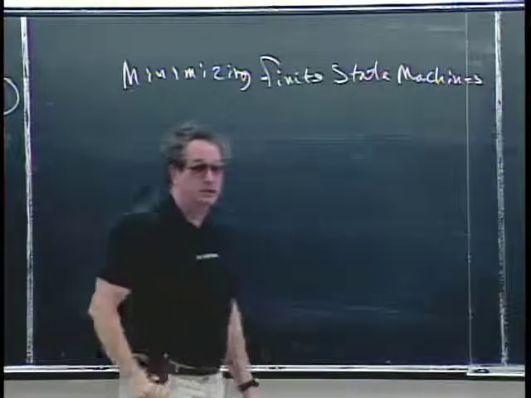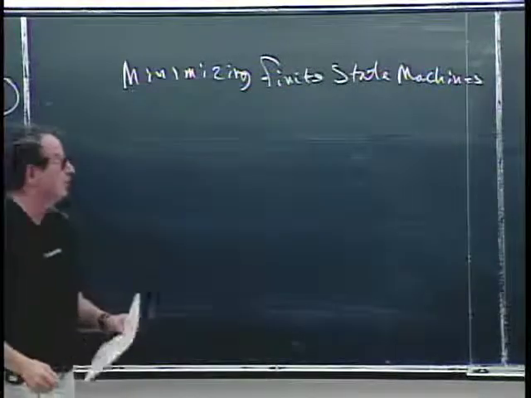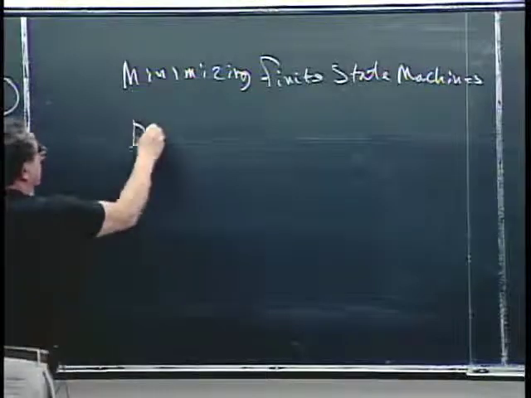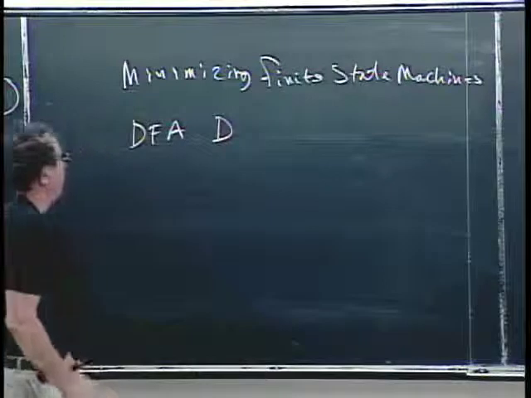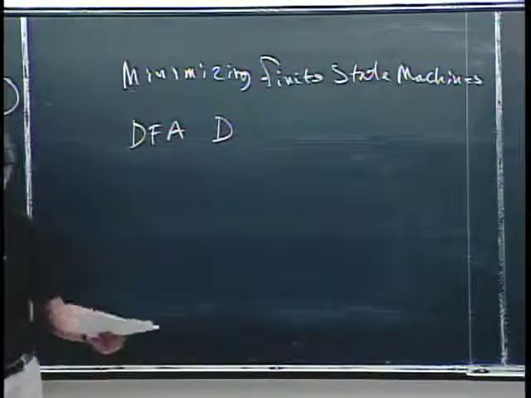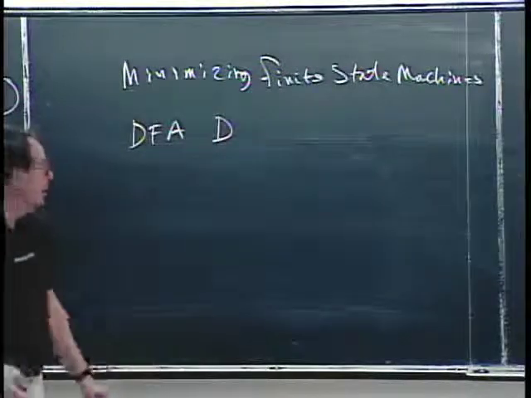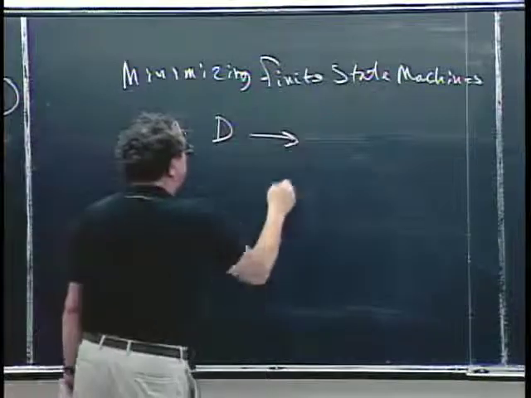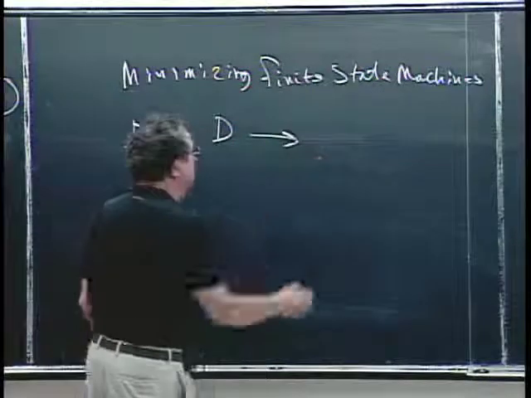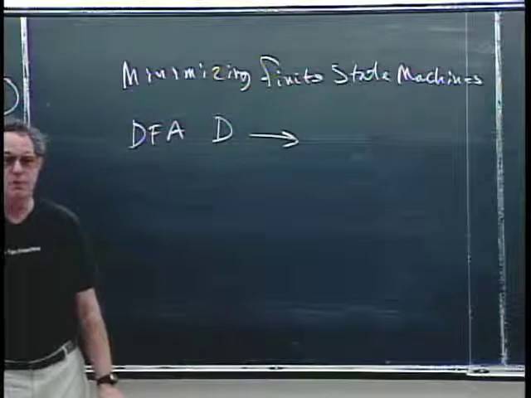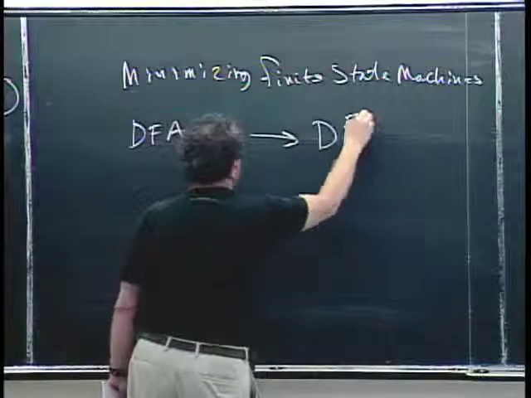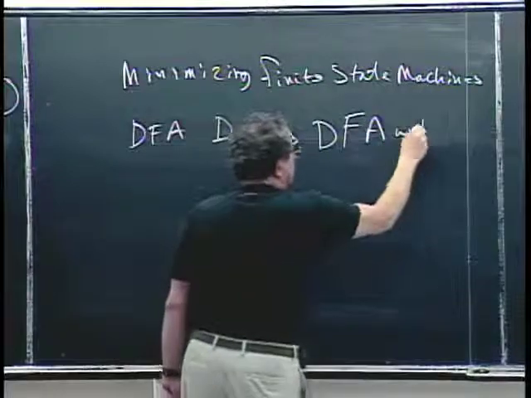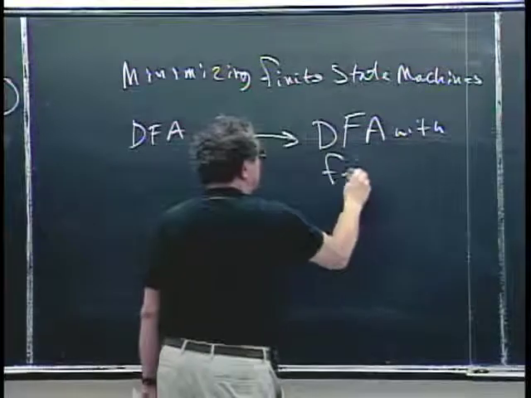And what this means is that we're going to take a DFA, let's call it D, which may have many states, and we're going to create from it a DFA that might be smaller, with fewer states.